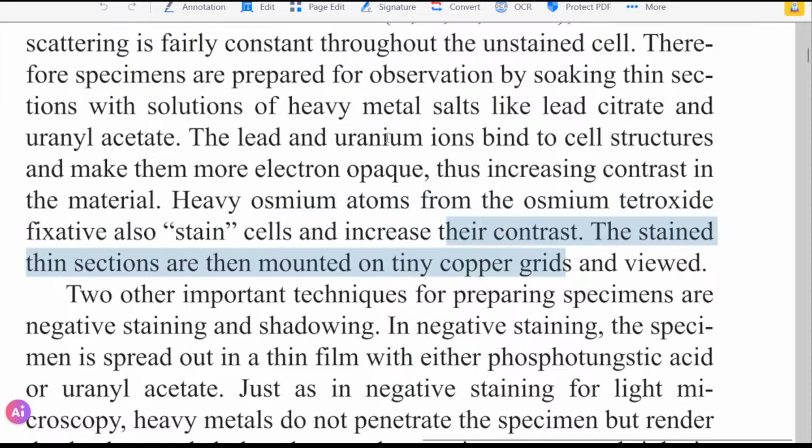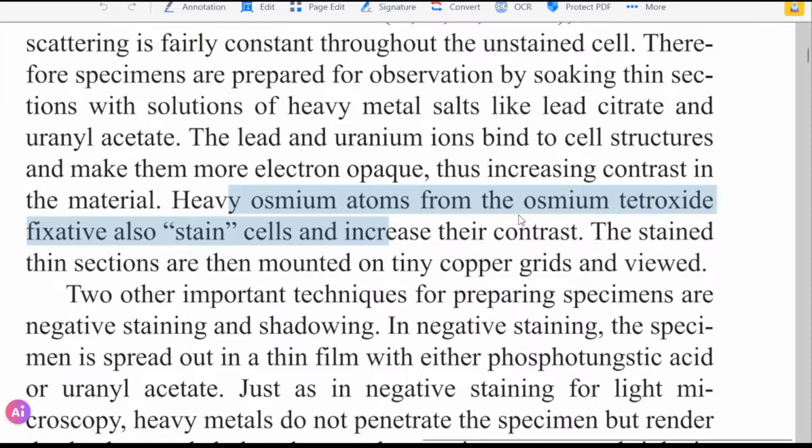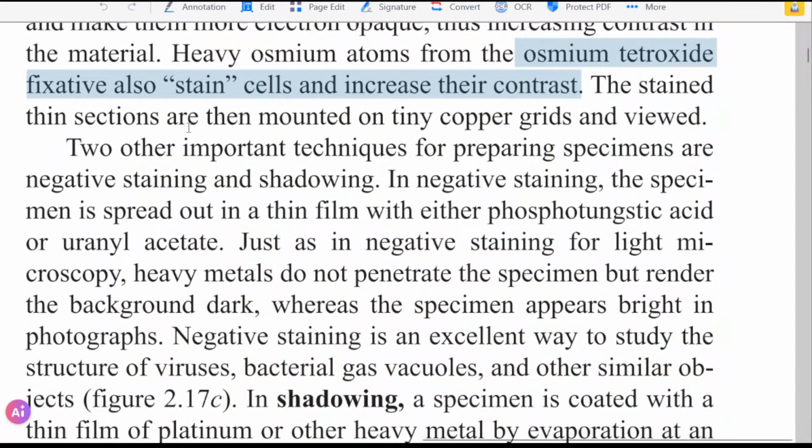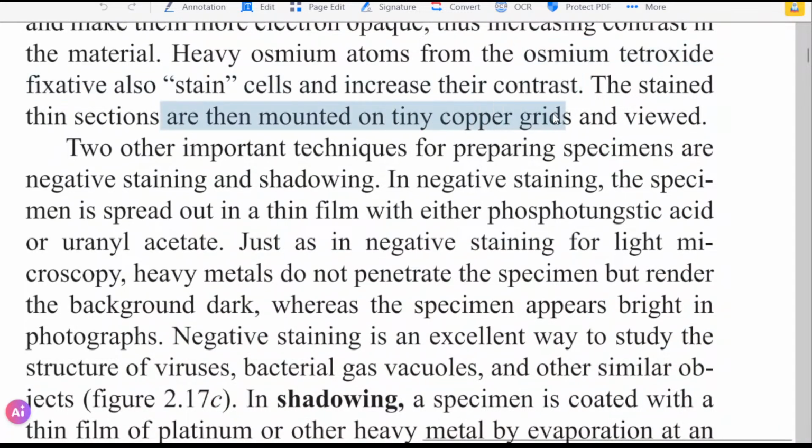Lead and uranium ions are not the only ones used to stain them. They are saying heavy osmium atoms, so where do you get them from? Osmium tetroxide fixatives. You use them to stain as well to make more contrast. The stained thin sections are then mounted on thin copper grids and viewed.